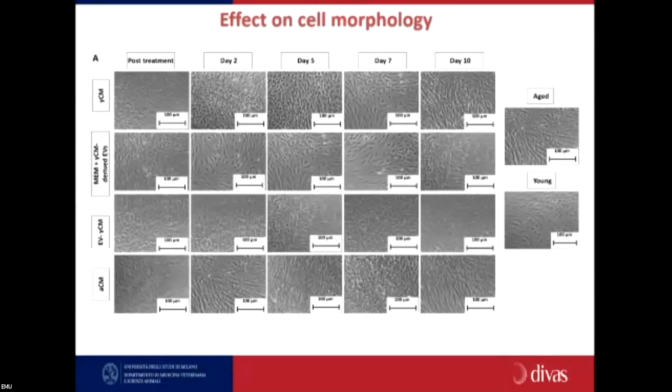So as you can see, the treatment with the young cell secretome and EVs obtained from young cell secretome have an effect on cell morphology. So aged cells change their morphology, becoming smaller in size, while there was no effect in aged cells treated with young cell secretome depleted from EVs or with a control.